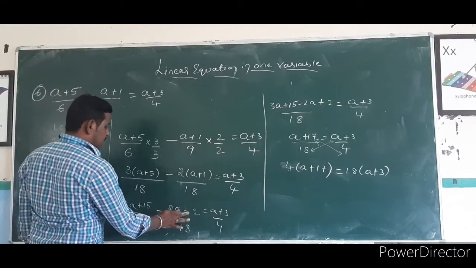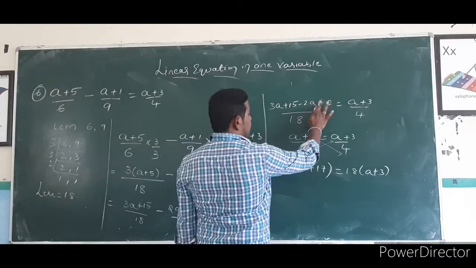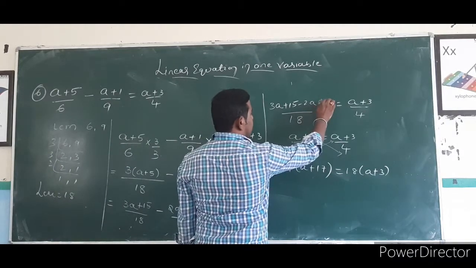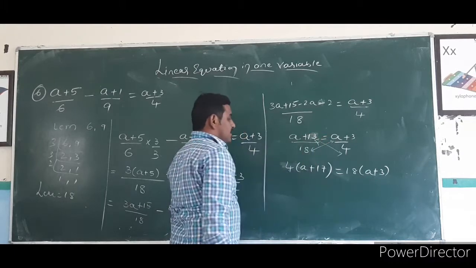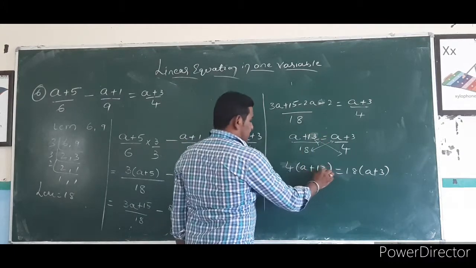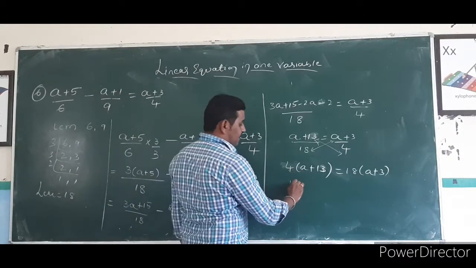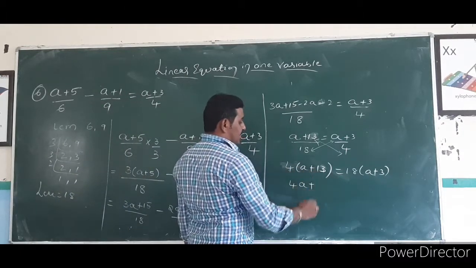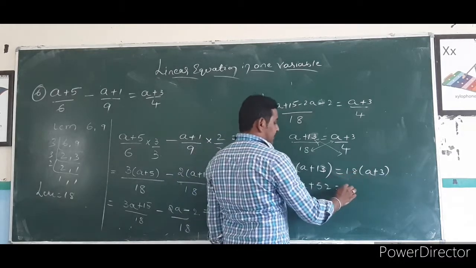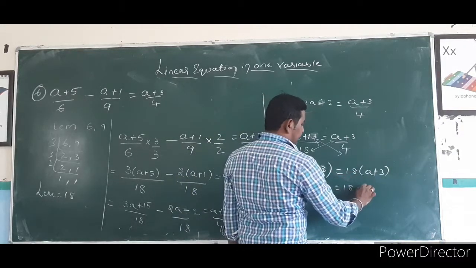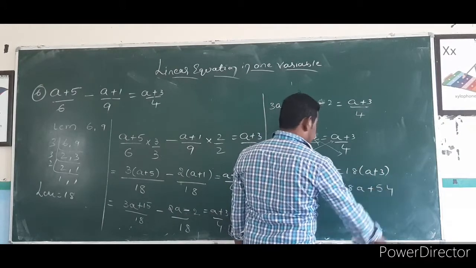Here minus 2, sorry, minus 2, this is also minus 2, so here 13, here also 13, because the minus sign is there. Next 4 into a is 4a, 4 into 13 is 52, 18 into a is 18a, 18 3s are 54.